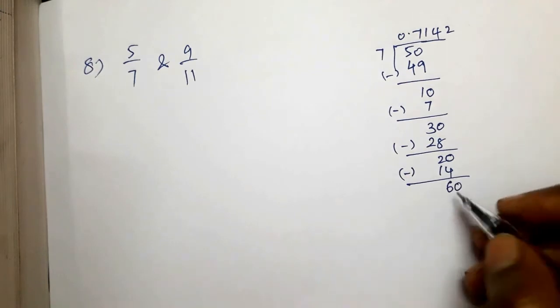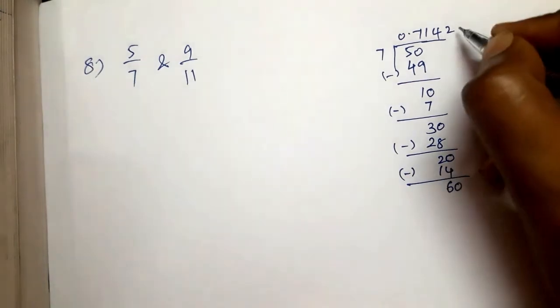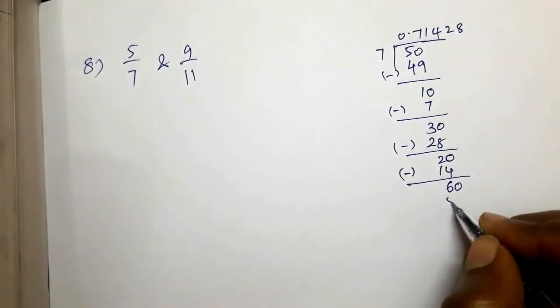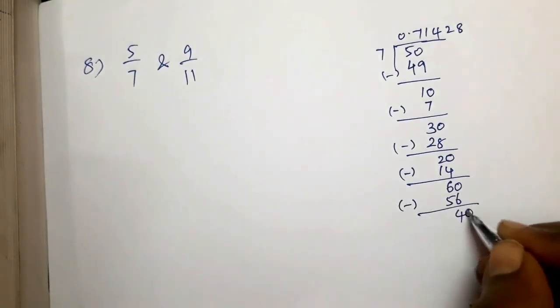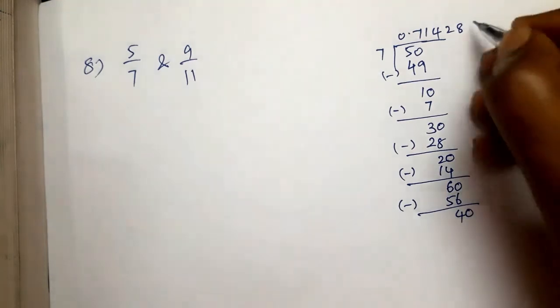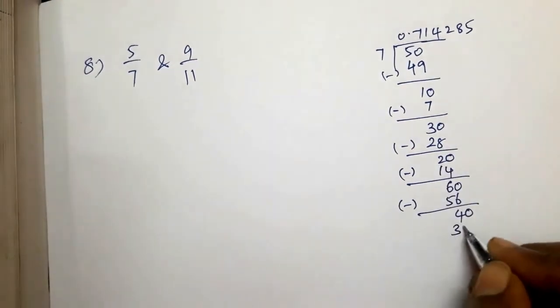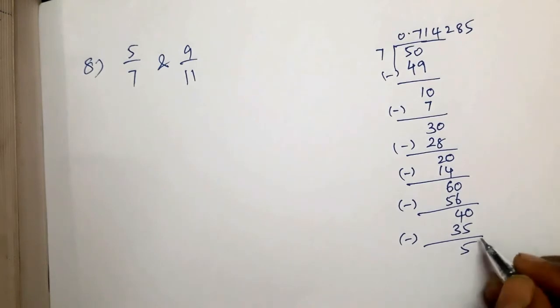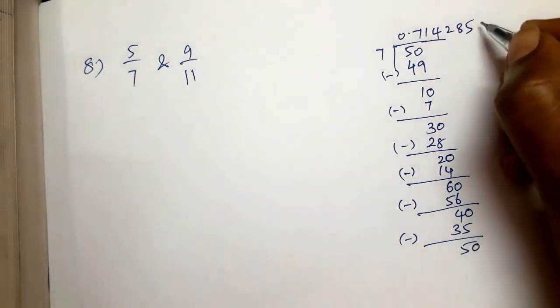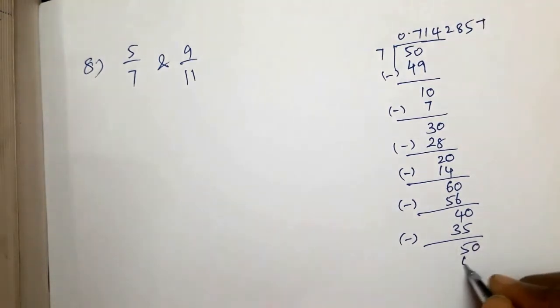Again add 1 more 0. Now 60, 8 times is possible, 8 7s are 56. Do the subtraction, we should get 4. Again add 1 more 0. Now 40, 5 times is possible, 5 7s are 35. Do the subtraction, remaining 5. Again add 0. Here 7 times is possible, 7 7s are 49.